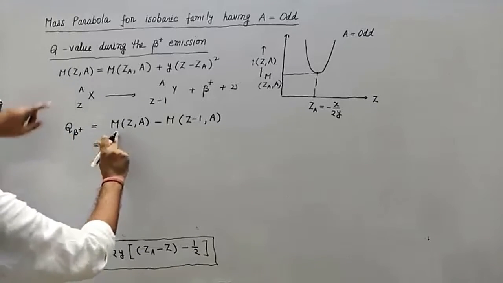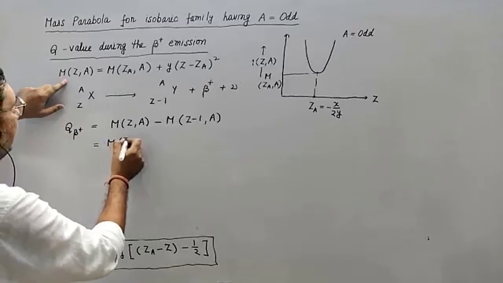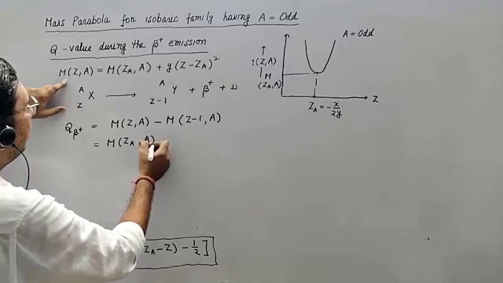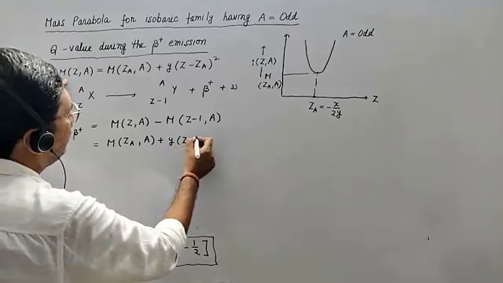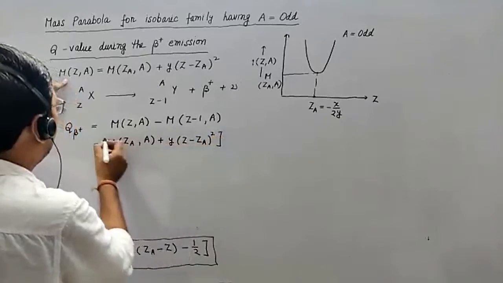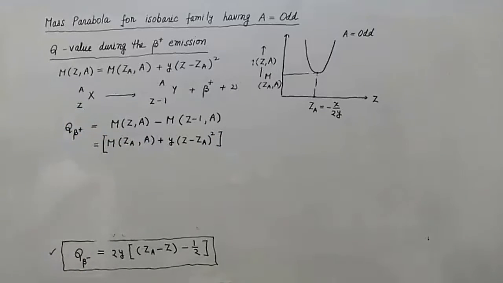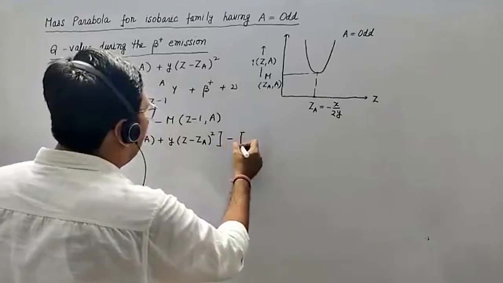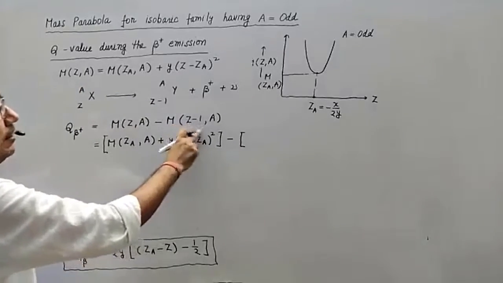Now substitute the value of M(Z,A) here, so this will become M(Z,A) plus Y(Z minus ZA) whole square. This is the value of the mass of the Z,A nuclei. This is the mass of the Z,A nuclei with minus sign here, minus the mass of the nuclei having Z value as Z minus 1.